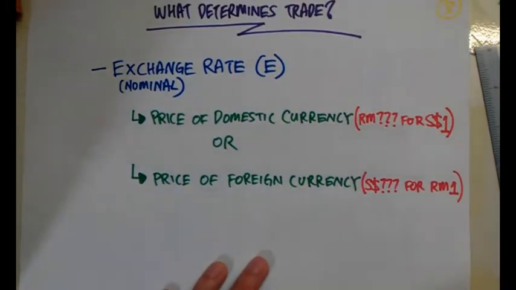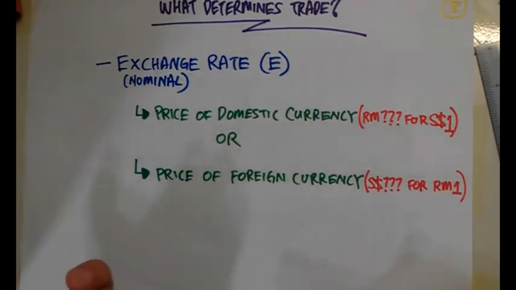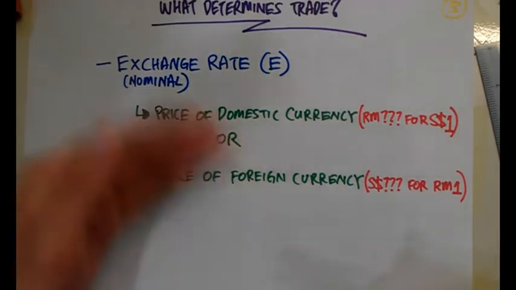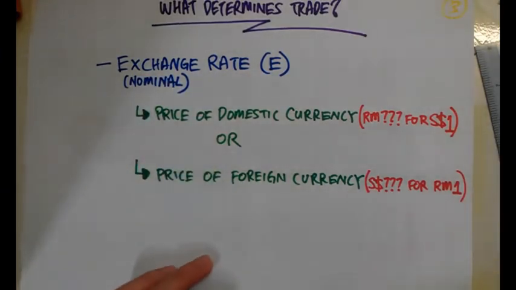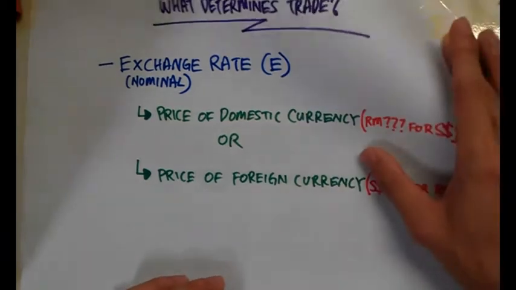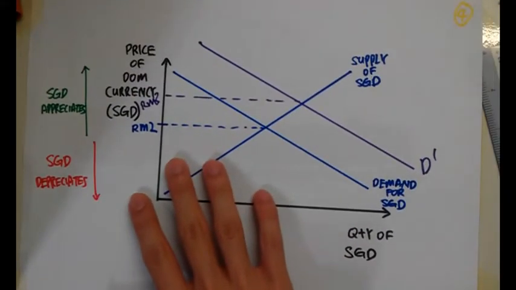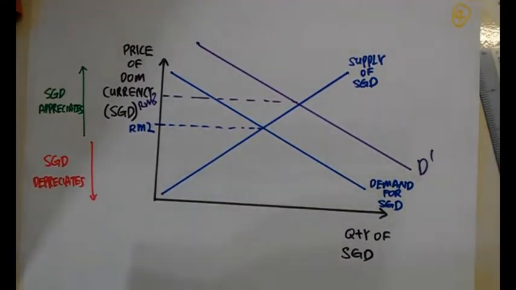Now, in your subject guide, written by Amos Wisdom, they actually use the second format, this quote, to determine the exchange rate. It doesn't matter which one you use, but for my video, I'm going to be using the price of domestic currency, the first way, and I'm going to show you why I use this, because it's actually more straightforward. Now, I've got the demand and supply curve for my Singapore dollar.